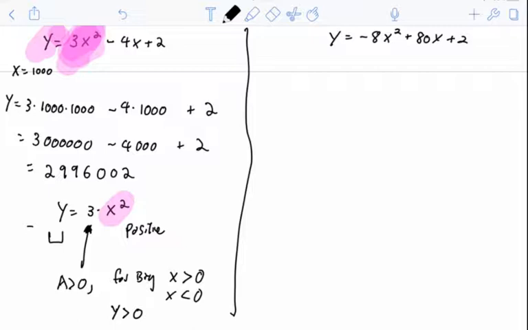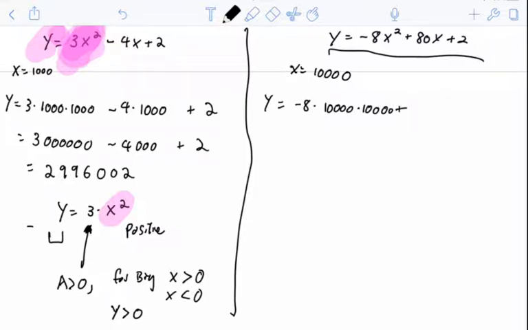Let me repeat the argument for this case. When x is equal to, let's go 10,000. The first term is going to be minus 8 times 10,000 times 10,000, plus 80 times 10,000, plus 2.